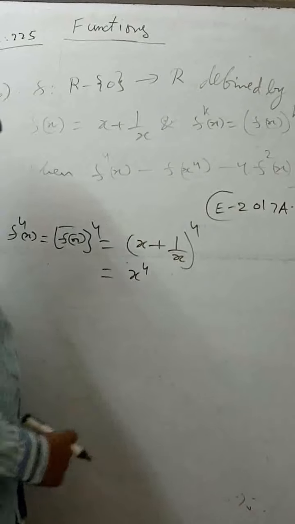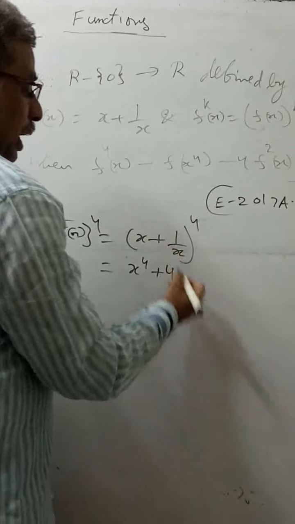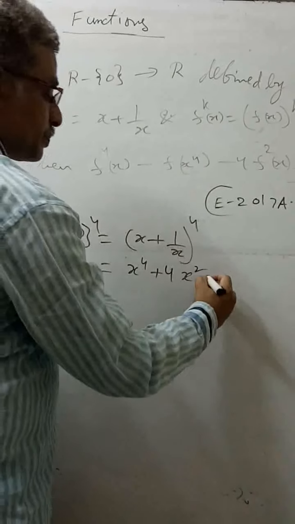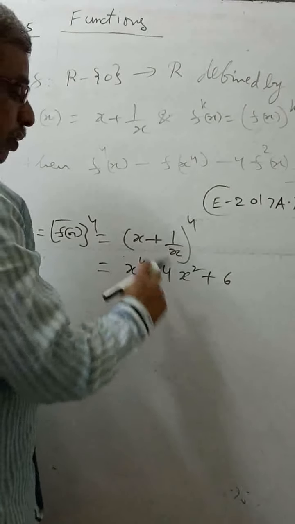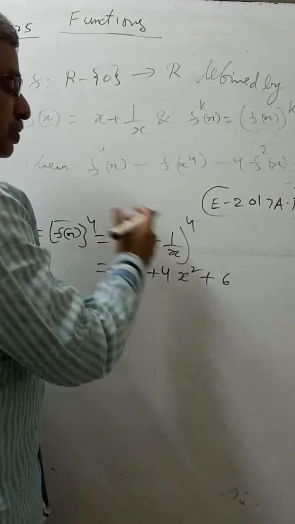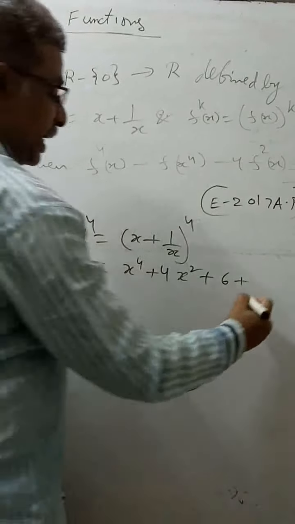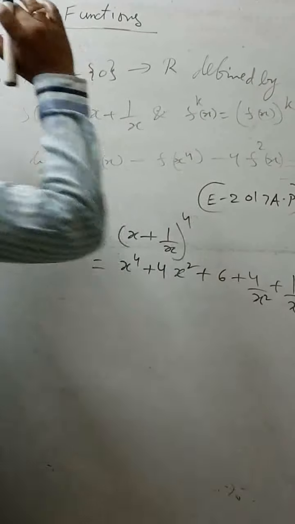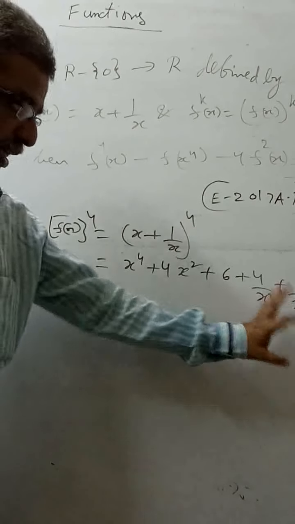So x power 4 plus 4 into x cube into 1 by x becomes 4x square, plus 6 into x square into 1 by x square gets cancelled, plus 6, plus again 4 by x square, plus 1 by x power 4. If you don't know this, you do x plus 1 by x whole square, whole square. x plus 1 by x whole square gives you this answer finally.